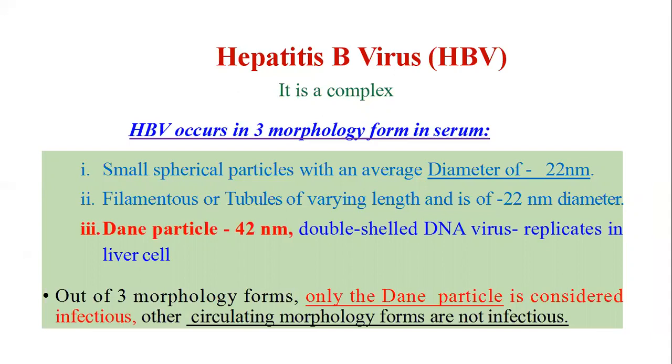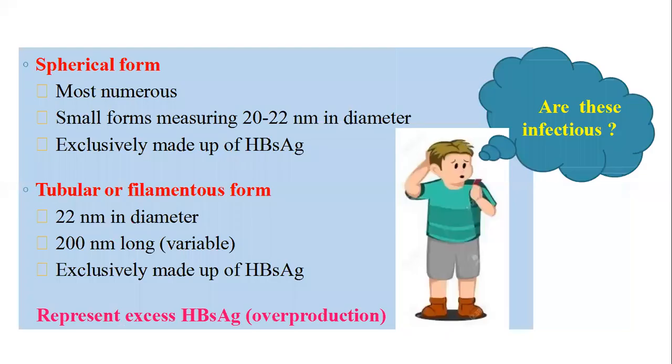They are the non-infectious forms of hepatitis B virus, whereas the largest spherical particle, the double-shelled DNA virus that replicates in liver cells, known as the Dane particle, has a diameter of 42 nanometers and is considered to be infectious.